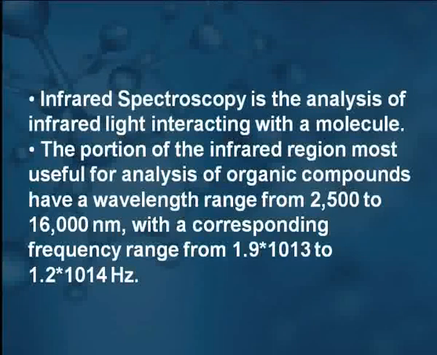Second is the portion of the infrared region most useful for analyzing organic compounds, which has a wavelength range from 2500 to 16,000 nanometer, corresponding to a frequency range of 1.9 x 10^13 to 1.2 x 10^14 hertz.